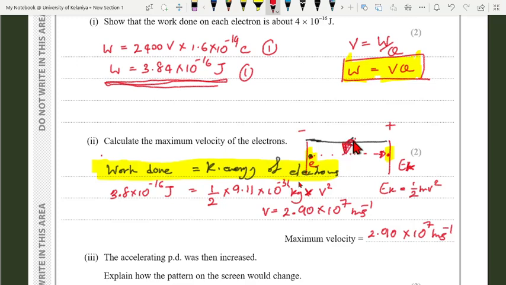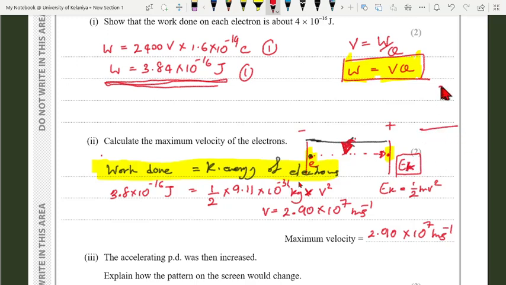So the energy given by this field to the electron is the kinetic energy at this moment. It's like the potential energy over here is equal to the kinetic energy over here.